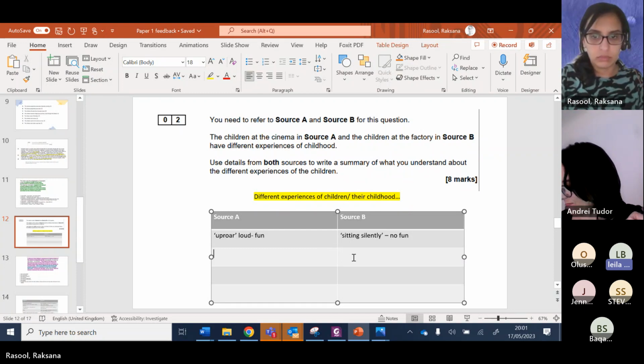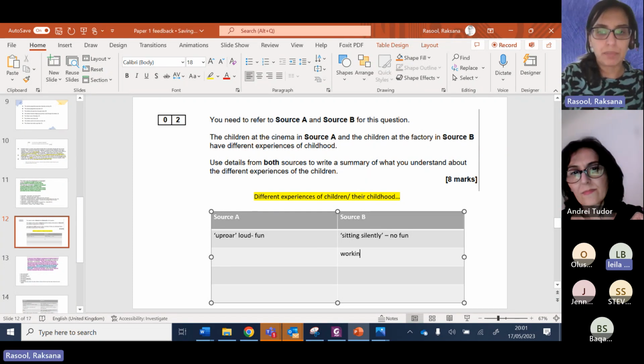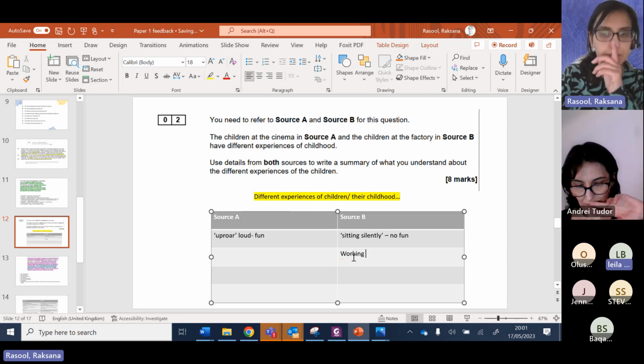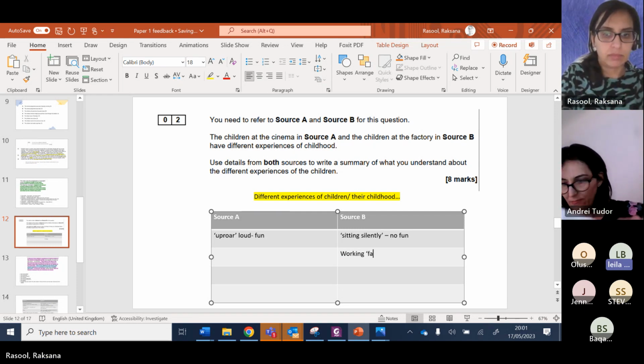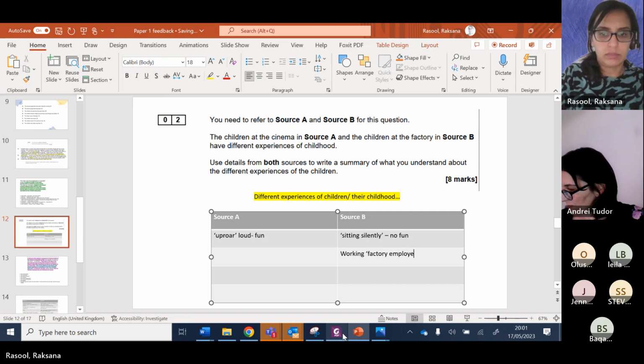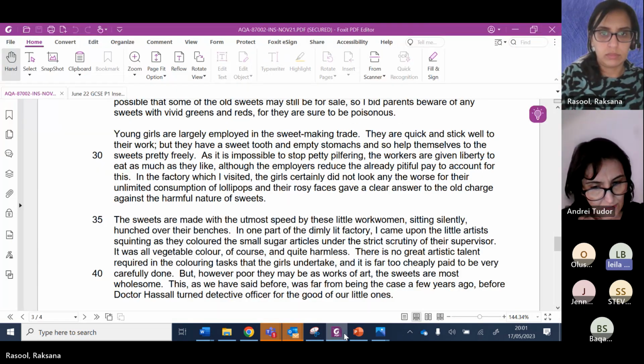The children in Source B, they are working in the factory. Okay, so have you got a quote for that? Yeah, factory work, employee, employed in a sweet making trade. Yeah.